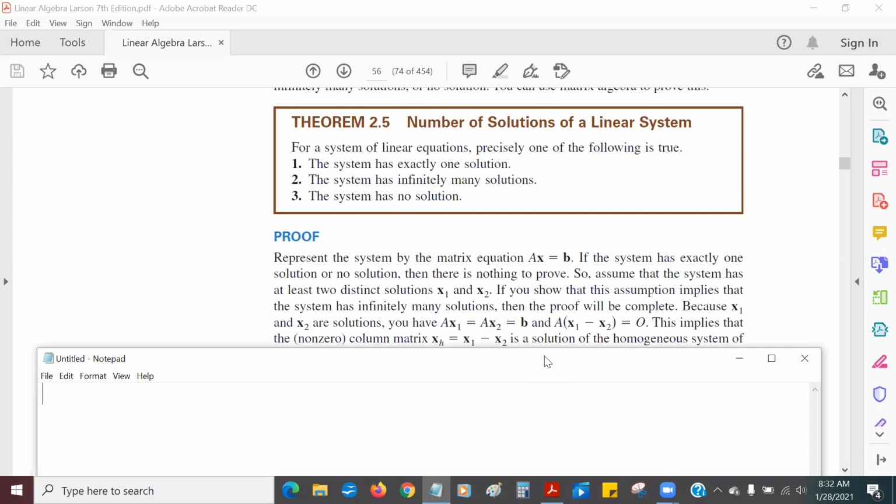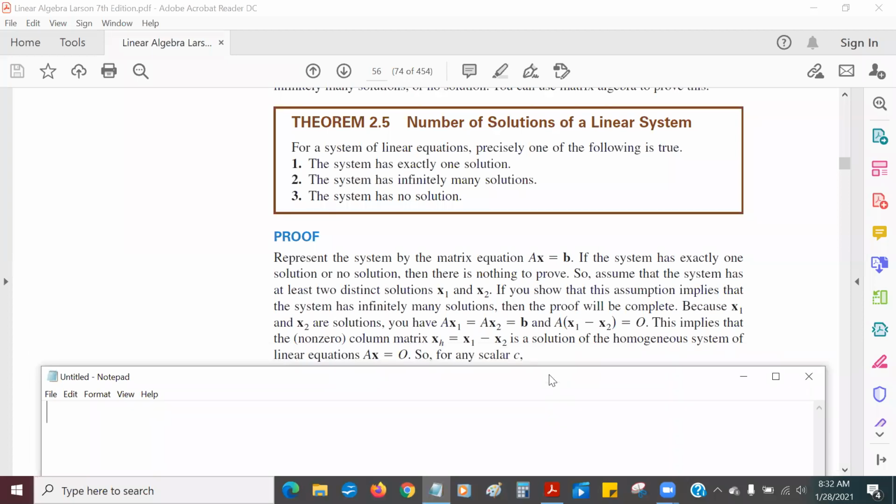Because XH is a solution to a homogeneous system of equations, where AXH equals 0, meaning the 0 matrix. So if I have AX equals the 0 matrix, then XH is a solution to that.